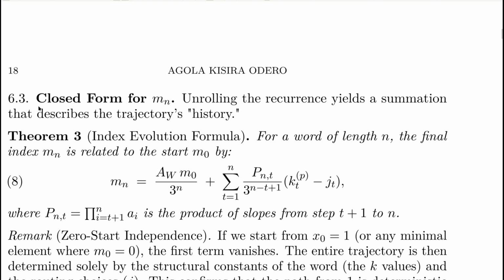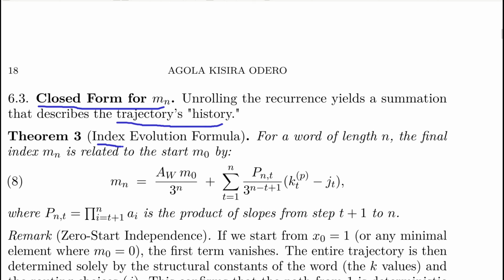Let's look at the closed form for mn. Unrolling the recurrence yields a summation that describes the trajectory's history.